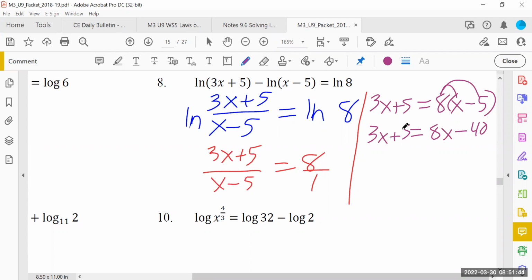Alani, what would you do next to solve this one? Which ones? So yes, I want to put the 3x together with the 8x. How do I do that though? Because they're on different sides of the equal. Yeah. So let's subtract the 3x. That gets me 5 equals 5x minus 40.